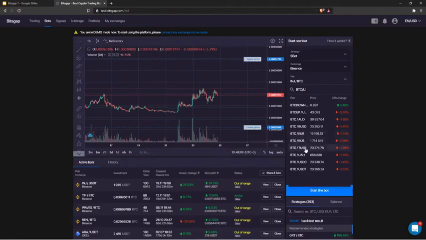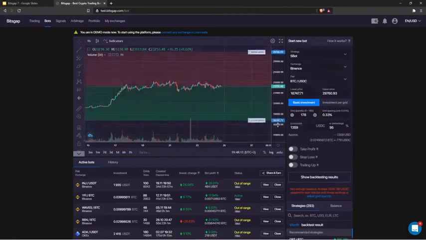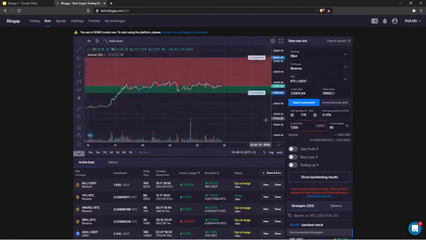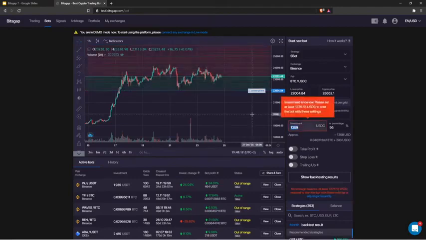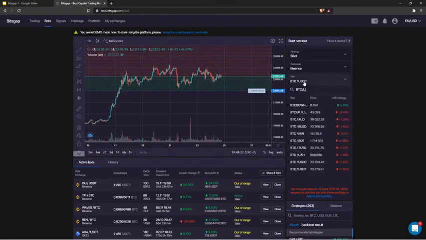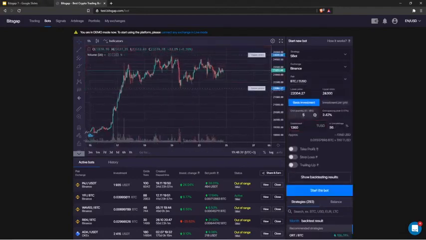You can trade Bitcoin to TUSD at the same time with the Bitcoin to USDC, which is pretty much the same pair, but you kind of make a trick here. So let's say on BTC USDC, you can launch the bot with configuration of 100 grid levels and investment 500. And you can launch on Bitcoin, but just this time use another stable coin, let's say TUSD, and use another configuration.